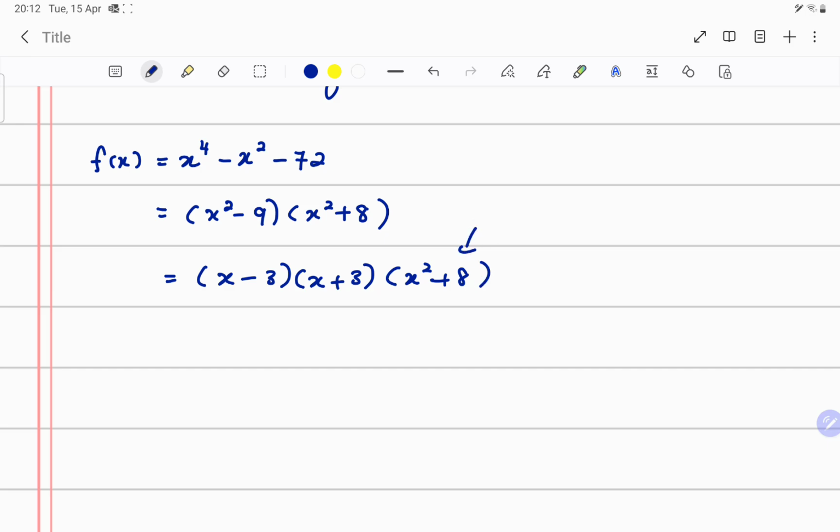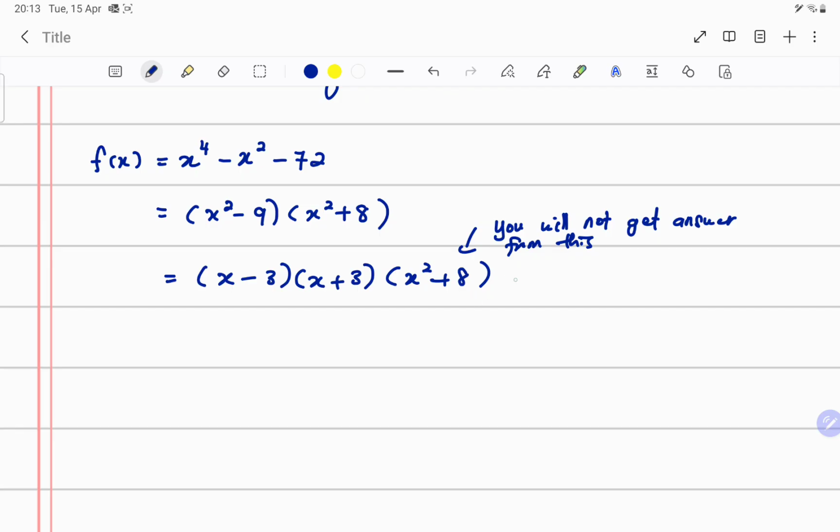If you use the quadratic formula, or completing the square method, or factorization, you will not get an answer from this. If you factorize, it also cannot; completing the square also cannot; quadratic formula also cannot. Why?